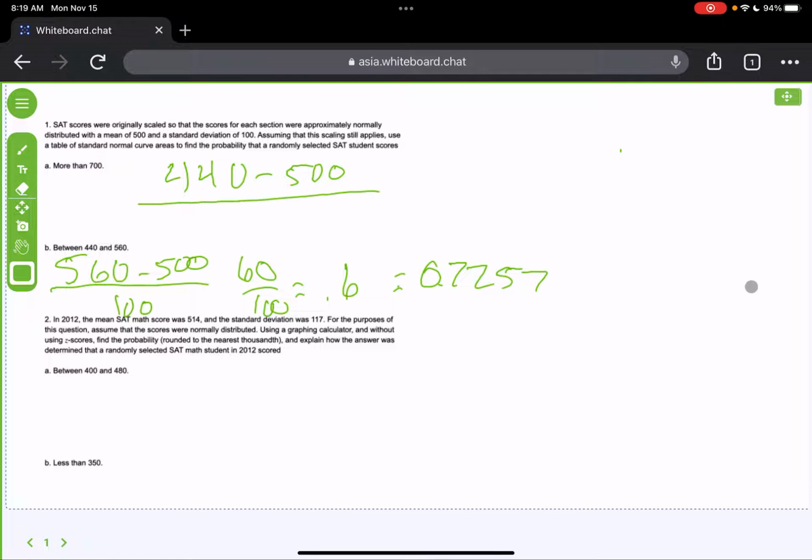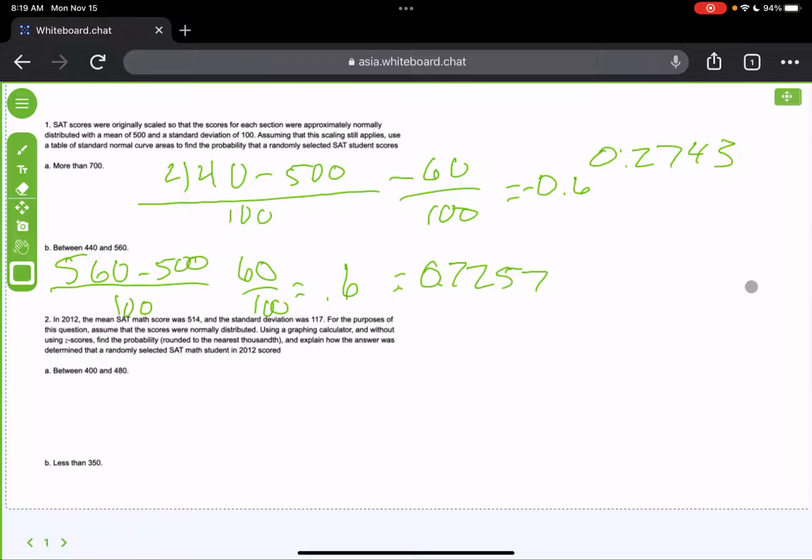The value minus the mean over the standard deviation. And that is what? Negative 60 over 100. So what's that going to be? Well, if you look at your Z chart, that's negative 0.6. That would be 0.2743.